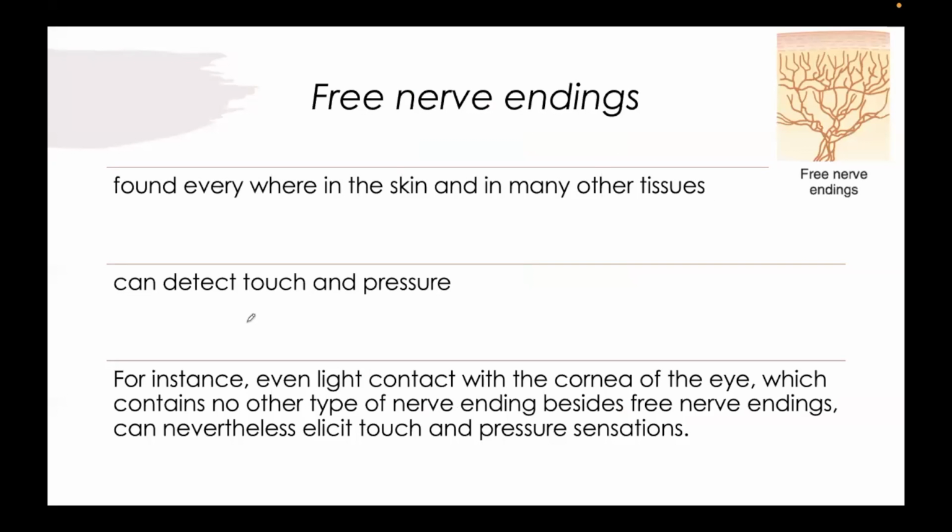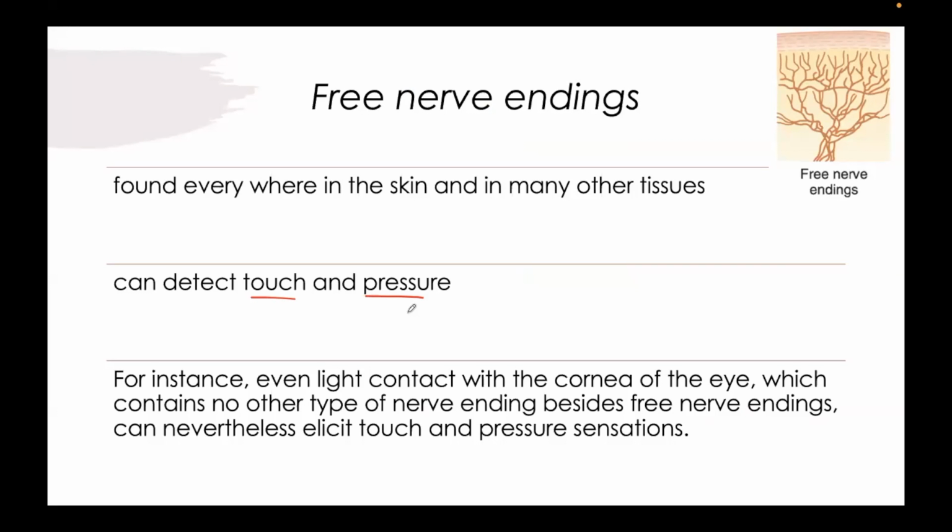Now next, let's try to dissect this in the book. We have the free nerve endings, and I want you to remember that they are found basically everywhere in the skin, as well as other tissues. The major function of the free nerve endings is to detect both touch as well as pressure.